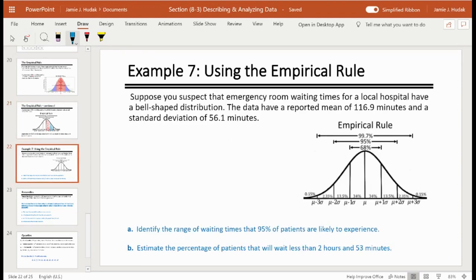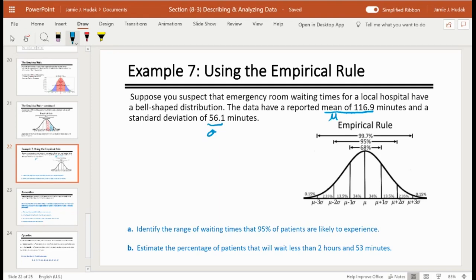So example 7, using the empirical rule. Suppose you suspect that emergency room waiting times for a local hospital have a bell-shaped distribution. The data have a reported mean, so this is our mu, of 116.9 minutes, and a standard deviation, this is our sigma, of 56.1 minutes.